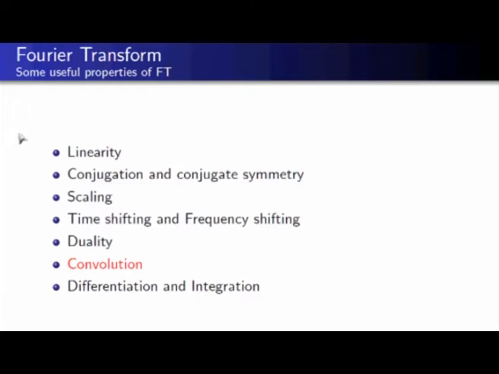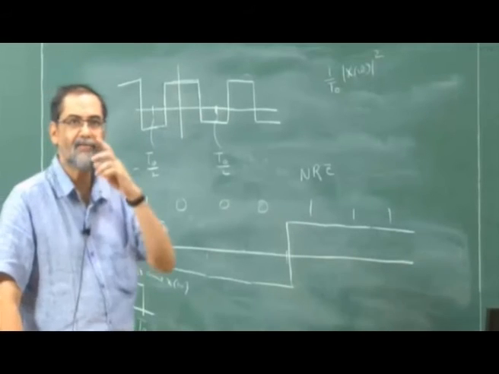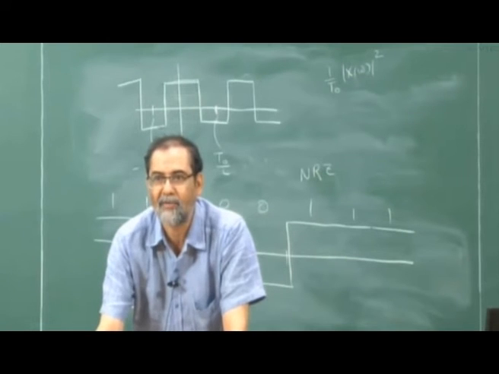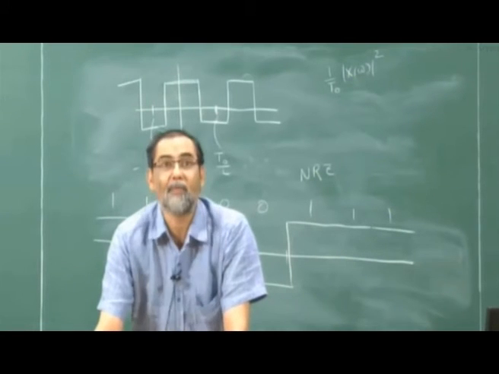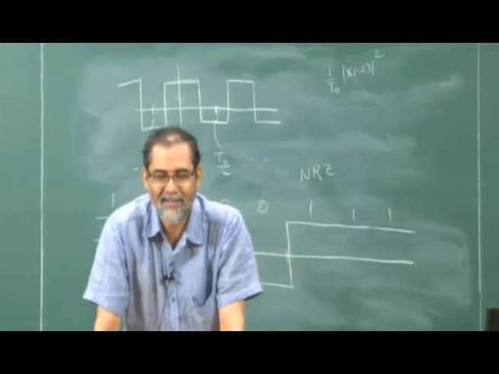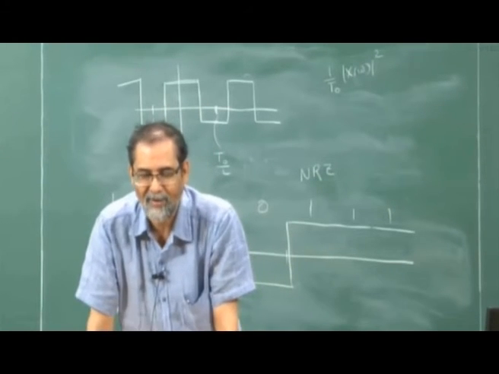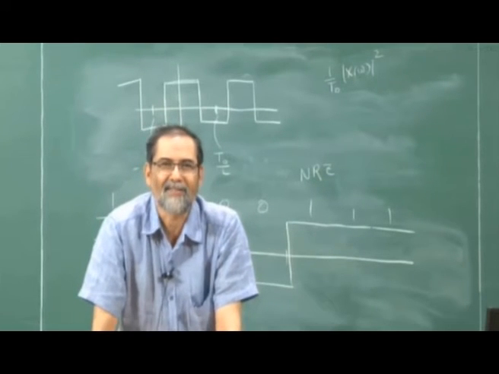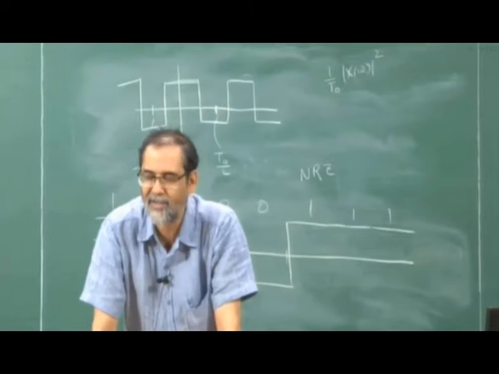What are the properties? Since I have defined the Fourier transform, if you read any textbook on Fourier transform, it has lots and lots of properties, right? When we talk about signals and systems, we typically spend more than 2 weeks discussing lots and lots of properties. Remember, Fourier transform is nearly 150 years old.